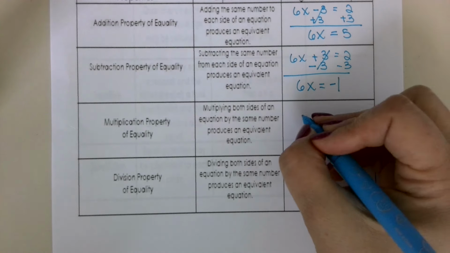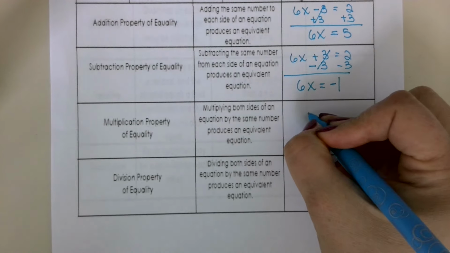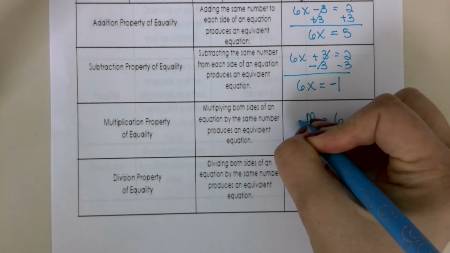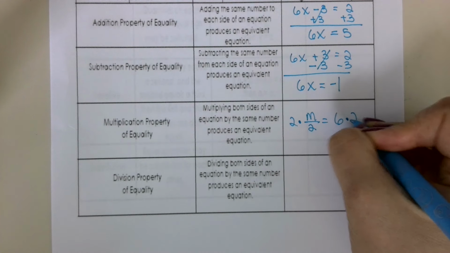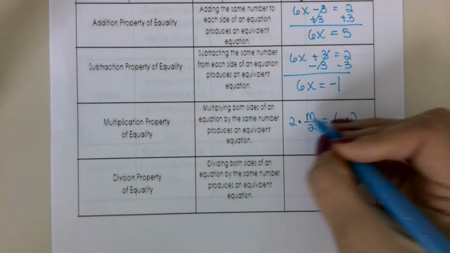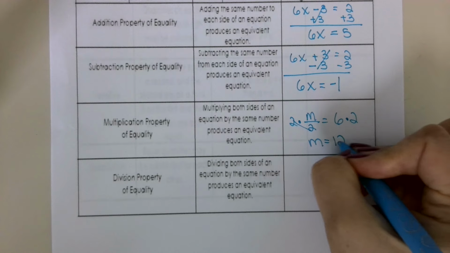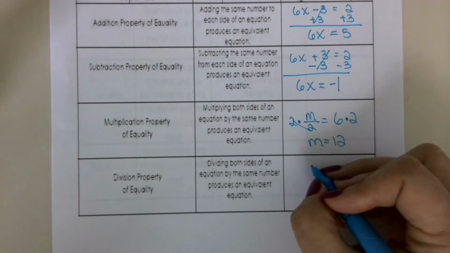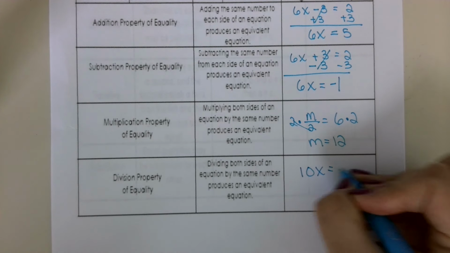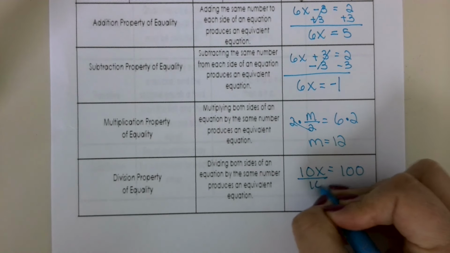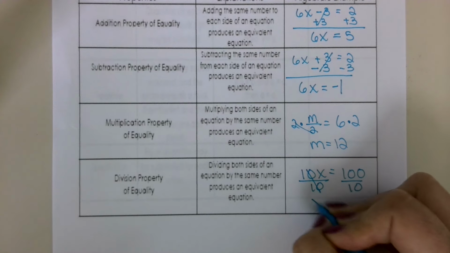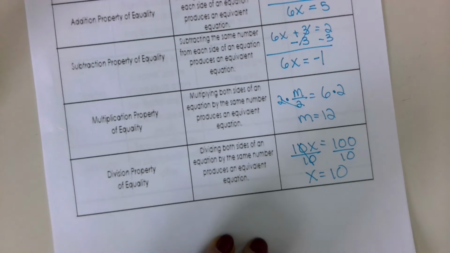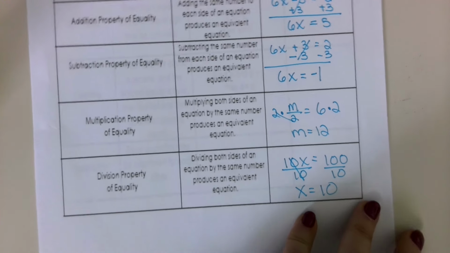If I have m over 2 equals 6, if I multiply both sides by the same number, my equation will still be equal. And the division property of equality, if I have 10x equals 100, if I divide both sides of the equation by the same number, my equation remains equivalent.